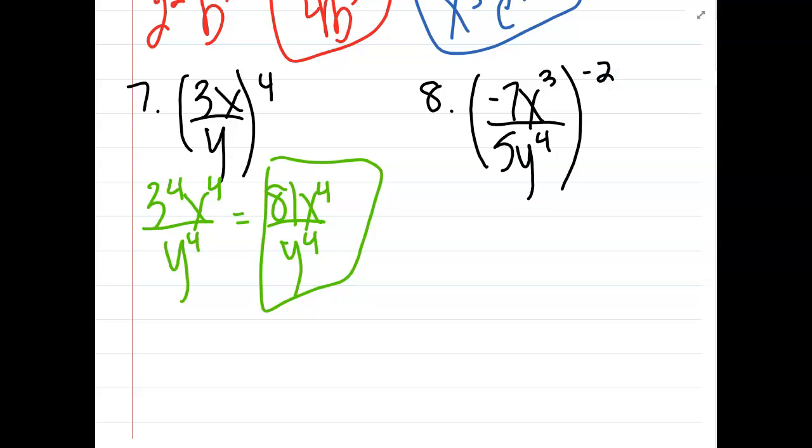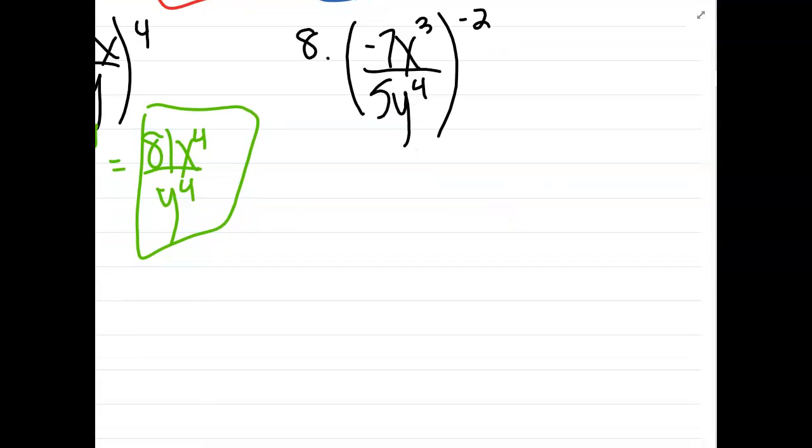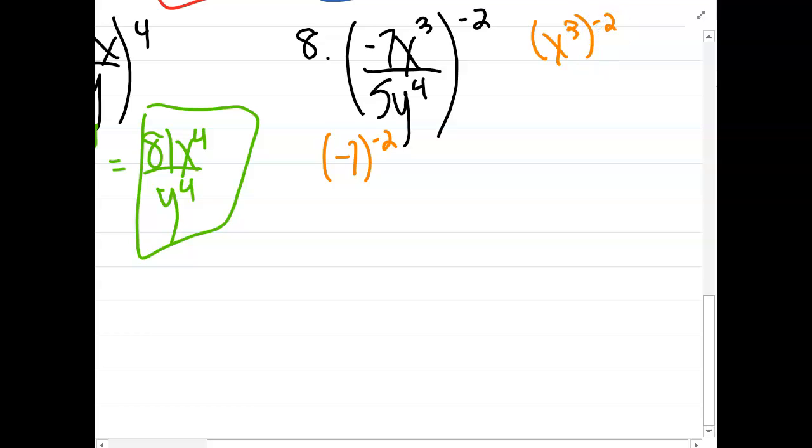Okay, now these ones, as they get tougher, I promise you, the more work you show, the slower you take it, the easier it becomes. Here's what I like to do, kind of like we talked about yesterday: get rid of the parentheses first, which means everything in there gets to the negative 2nd power. Everything! Including the negative 7. It's going to be negative 7 to the negative 2nd power. Now, when I take x cubed to the negative 2nd power, that's a power of a power.